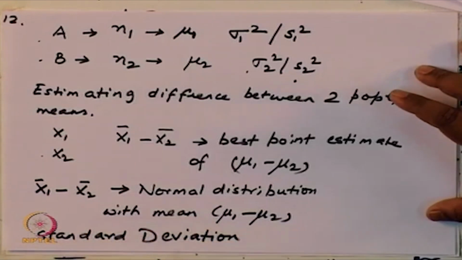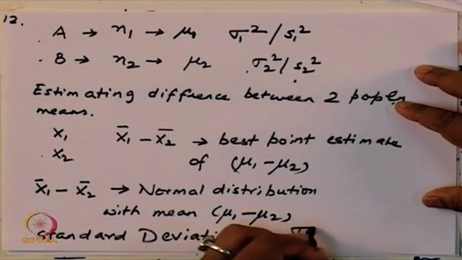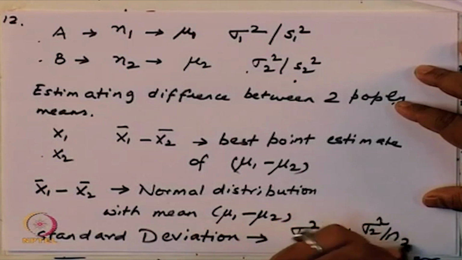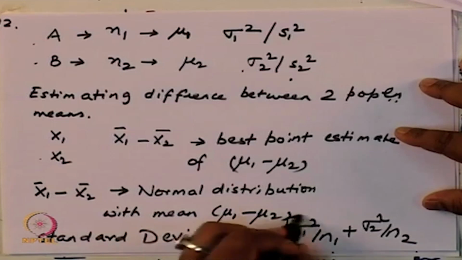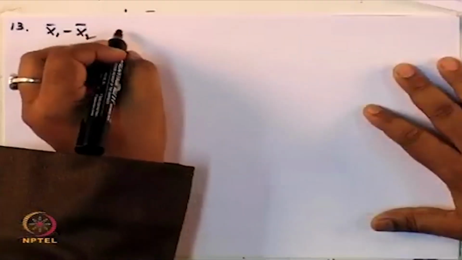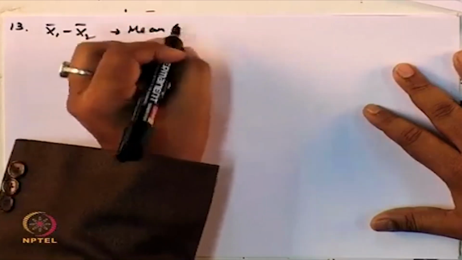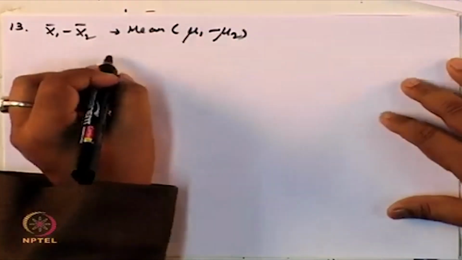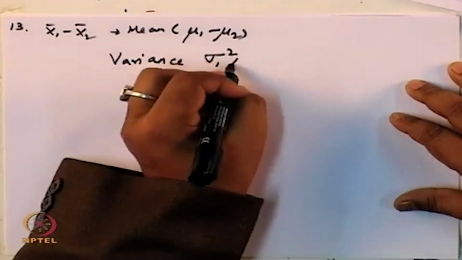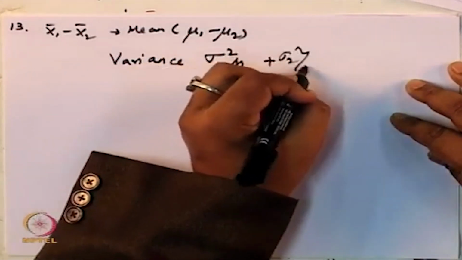The variance is sigma 1 square by n1 plus sigma 2 square by n2, and the standard deviation is the square root of this. Let us take a simple case. Once again, your x1 bar minus x2 bar will have a mean of mu 1 minus mu 2 and variance sigma 1 square by n1 plus sigma 2 square by n2.